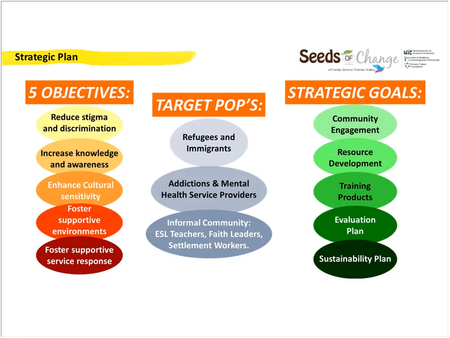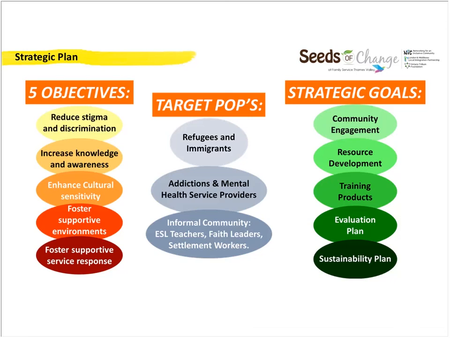Those are the people that the refugees and immigrants had the most contact with, and are able to develop trusting relationships with. They said even if they knew where the addiction and mental health services were, they probably wouldn't go to them until they were able to talk to somebody who had more knowledge and could encourage them and support them in terms of making that jump to going to a service and telling a stranger about their personal issues.